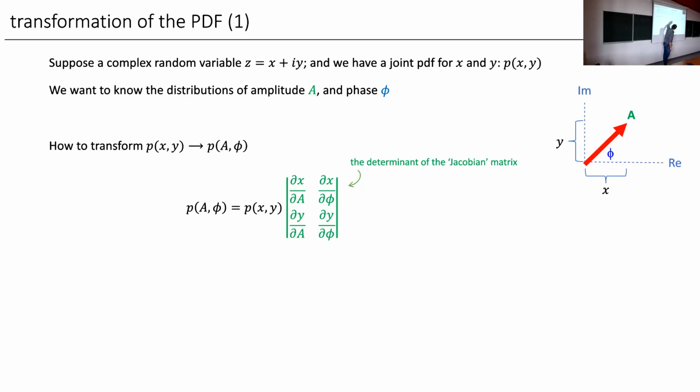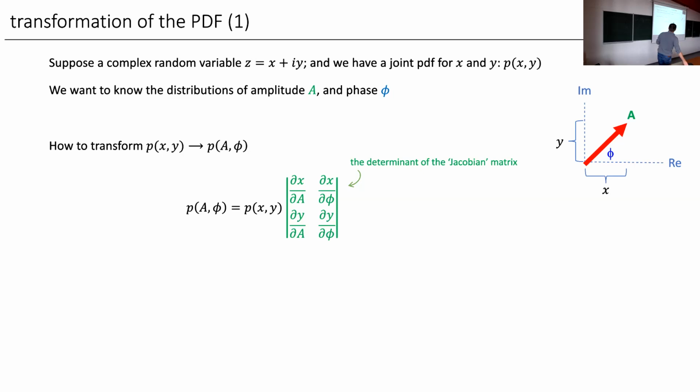Then we calculate the determinant of that matrix, which is just a number or a function itself. The new probability function in terms of the new coordinates is simply the old one times that determinant of the Jacobian.